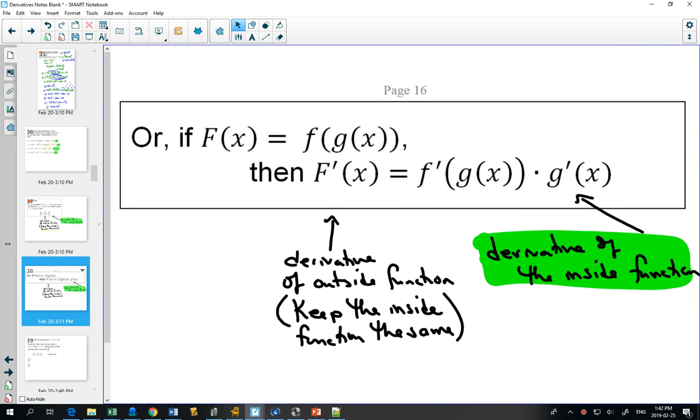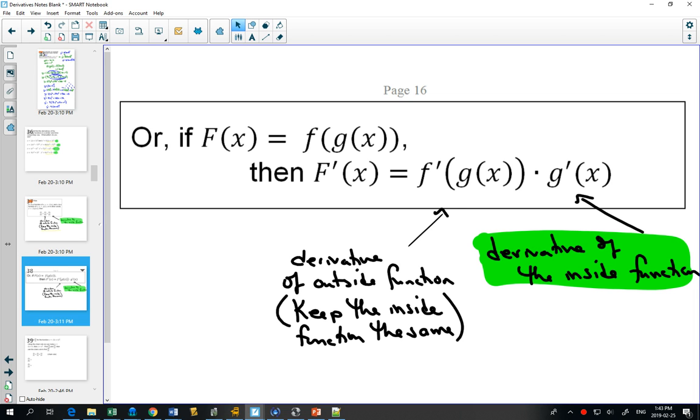That arrow should match up with it. That's the derivative of the inside function. Perfect. Close enough. Arrowhead looks nice.